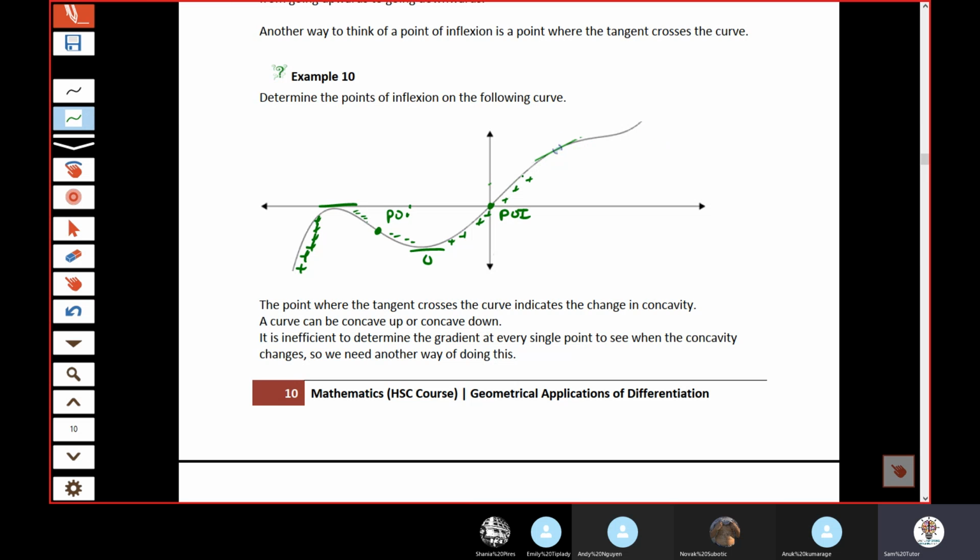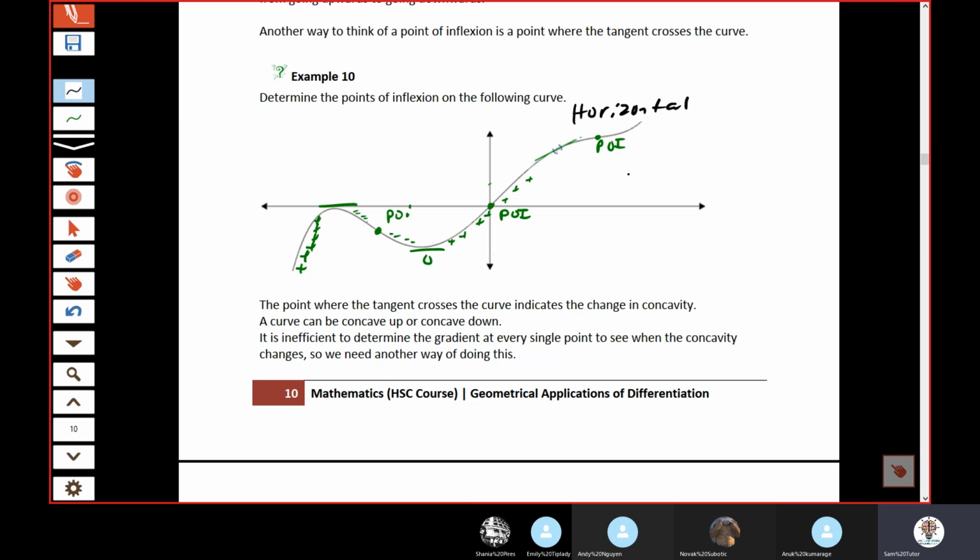So that is sad, sad, sad, sad, sad, sad, until probably just there. And then it's starting to become happy again. These are what are called points of inflection. This one was specifically called a horizontal point of inflection, I said.